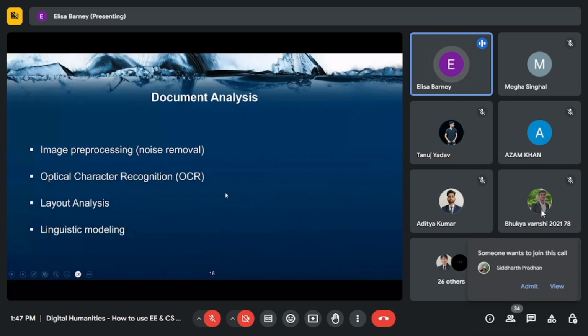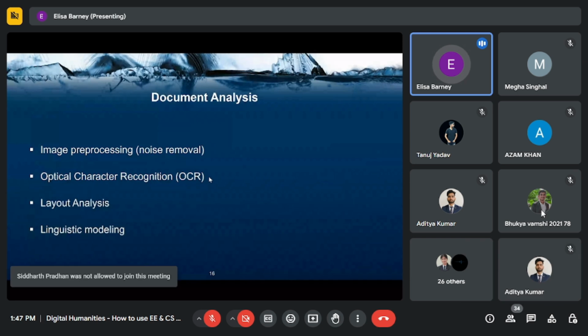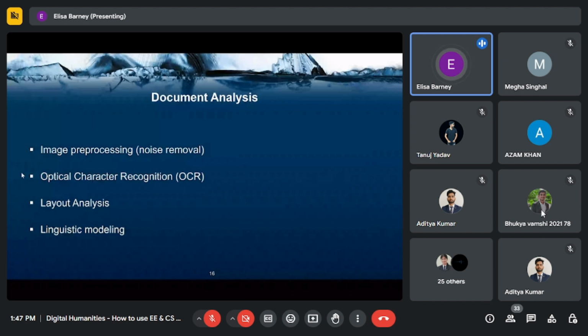And then within document analysis, the most vanilla aspect is optical character recognition, trying to recognize the characters in a printed document. And if we expand that to a handwritten document, we call this process HTR, handwritten text recognition.